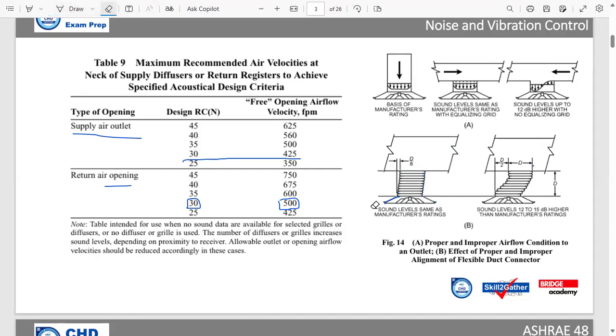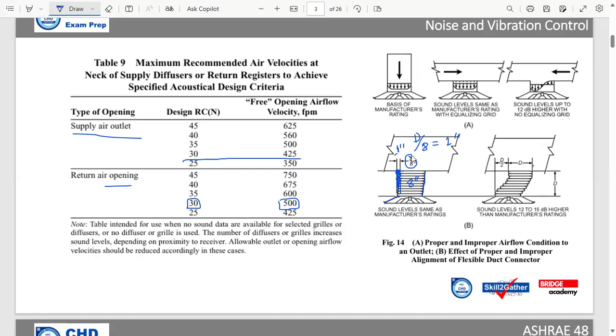For instance, if the branch is directly connected to the main duct and there is not much deviation, the maximum allowable deviation is D by 8. For instance, we are talking about this portion. Let's say the duct size is 8 inches here. In this scenario, D by 8 is equal to 1 inch, so the maximum deviation allowed is 1 inch.